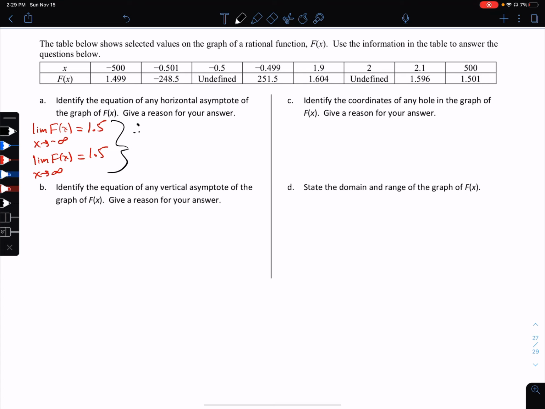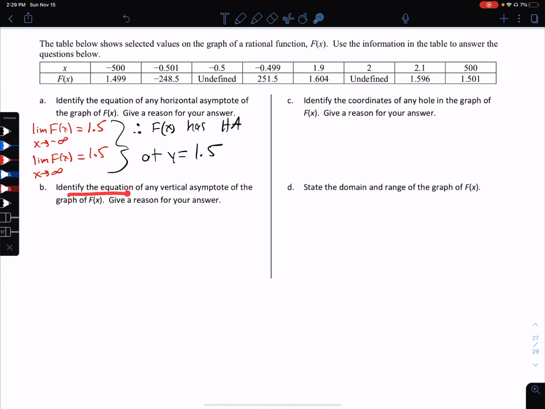I could say, therefore, f of x has a horizontal asymptote at y equals 1.5. Horizontal asymptote describes the end behavior of the graph. As you move left or right, what's happening to the graph? And apparently, as we move left or right, we're getting closer to something that appears to be close to 1.5 in either direction.